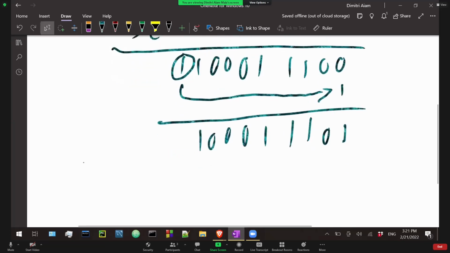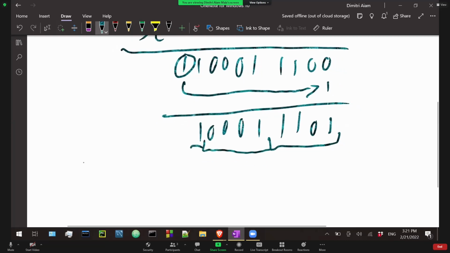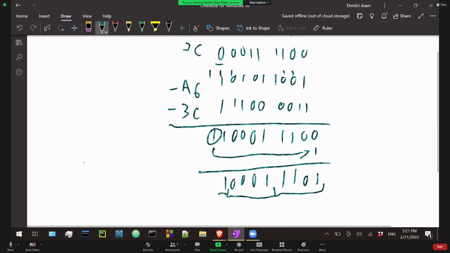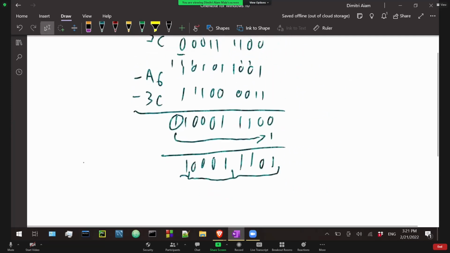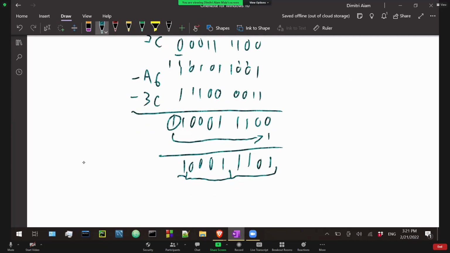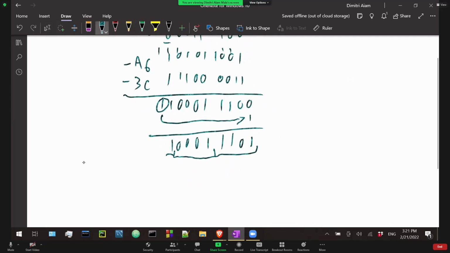All right. So this tells me we have one extra number. So this tells us that this number is negative. And then to figure out the result, the magnitude of the number, you need to flip everything again.